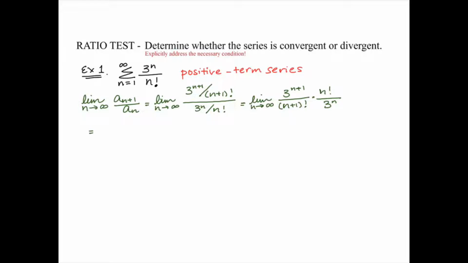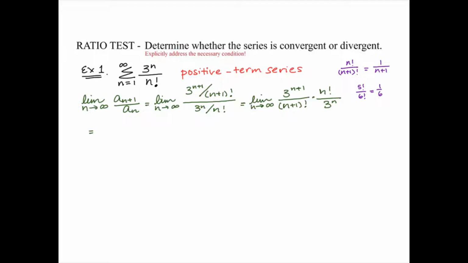Okay, now let's go ahead and simplify this. So n factorial over n plus 1 factorial simplifies to 1 over n plus 1. If you have 5 factorial over 6 factorial, the numerator is 1 times 2 times 3 times 4 times 5, the denominator is 1 times 2 times 3 times 4 times 5 times 6, and you would be left with just 1 over 6.